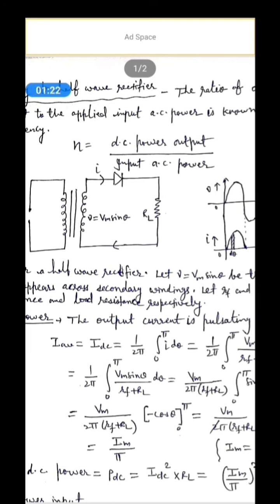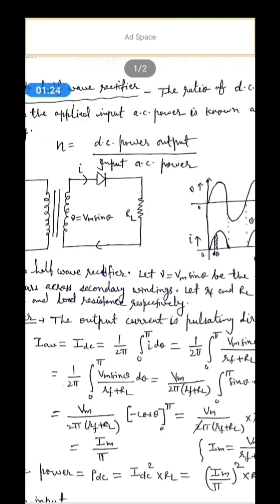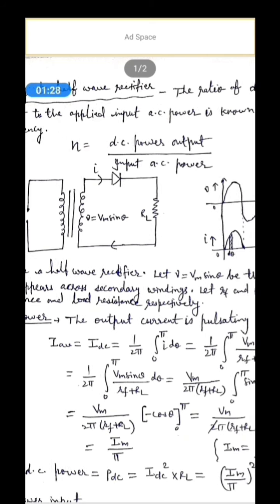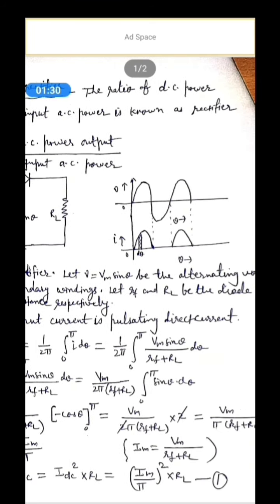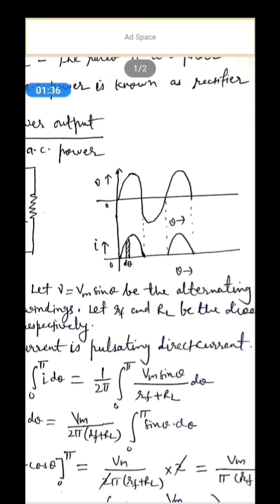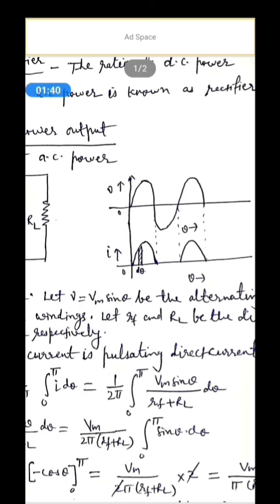So we get the output across the load resistance during the positive half cycle only, and here are the graphs for voltage and, second, the graph for output current.